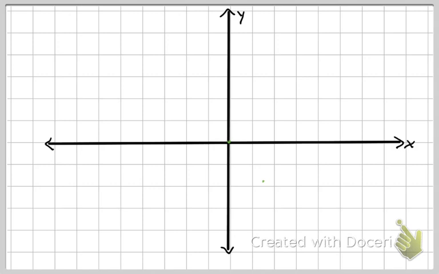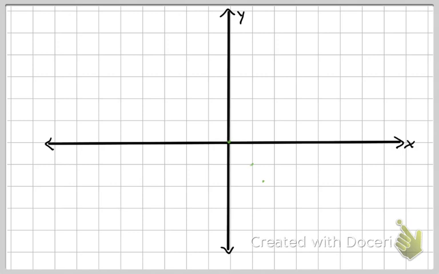And we also know that we have the point (1, -1). At that point, we know that the function is going from concave down to concave up.